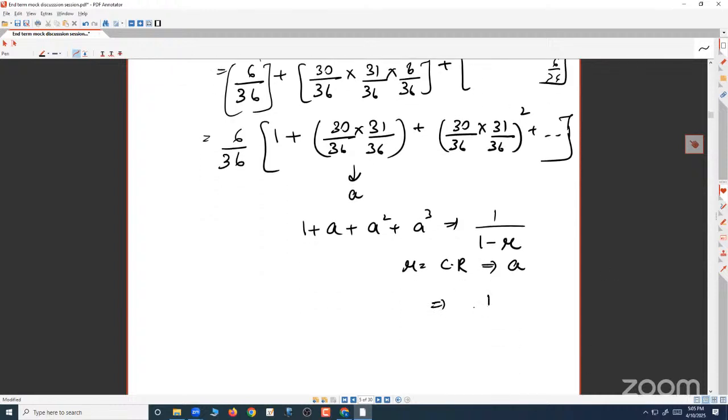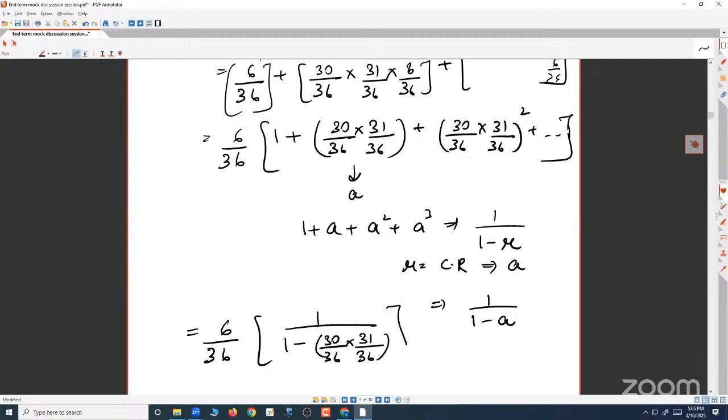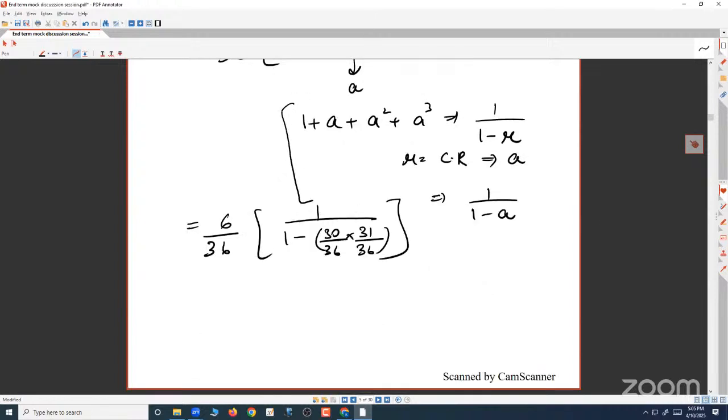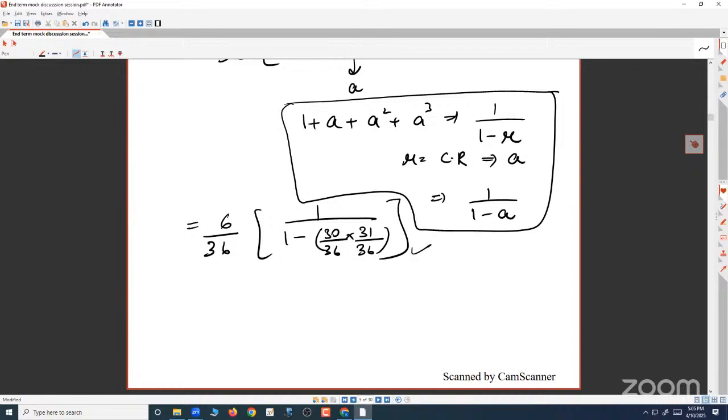So this is 1 upon 1 minus A. So now this value would be 6 by 36 into 1 upon 1 minus 30 by 36 into 31 by 36, correct? Fine? Now, if you calculate this value, it comes out to be 0.59 as the answer.